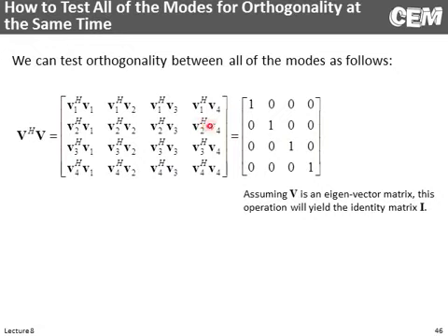Orthogonality requires that all these multiplications will be 0. So if we have an eigenvector matrix, and we do this little operation, we should get the identity matrix, because the only thing that would give you a 1 from the orthogonality test, the dot product, is a mode compared to itself.